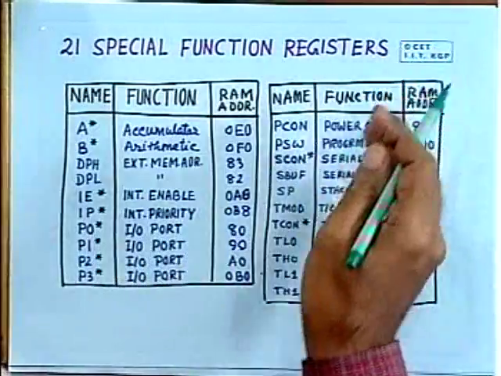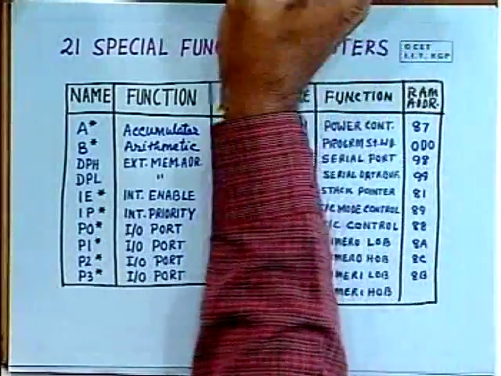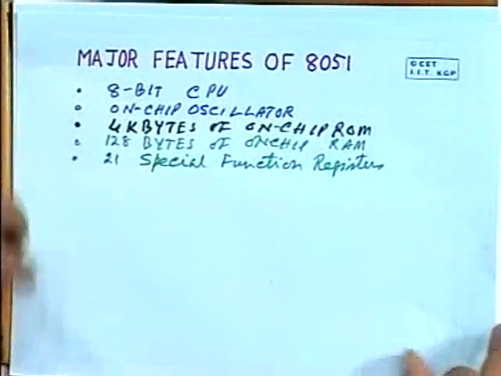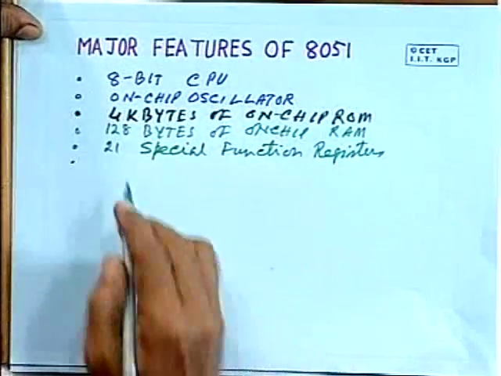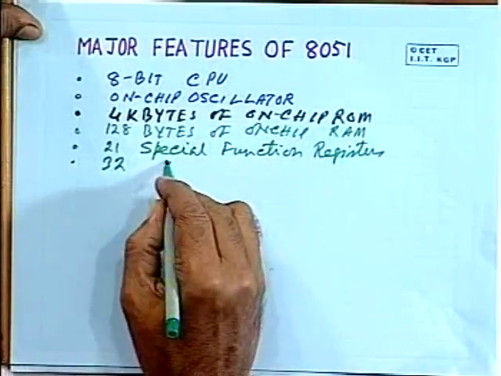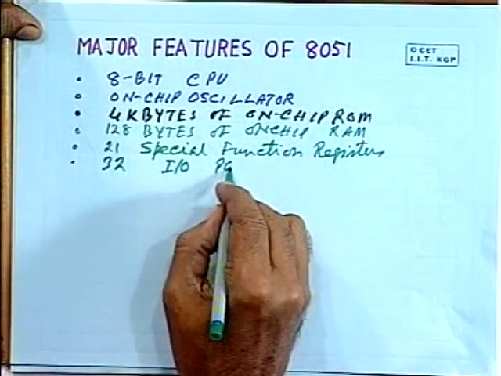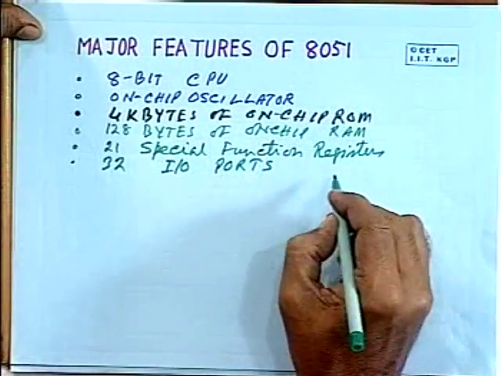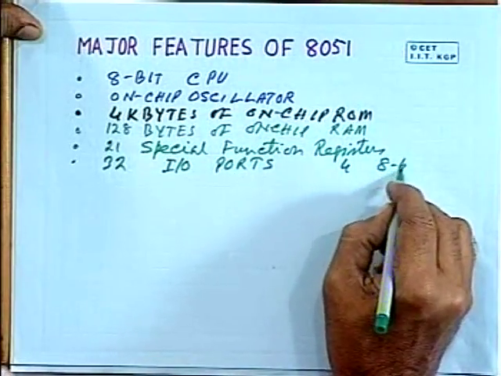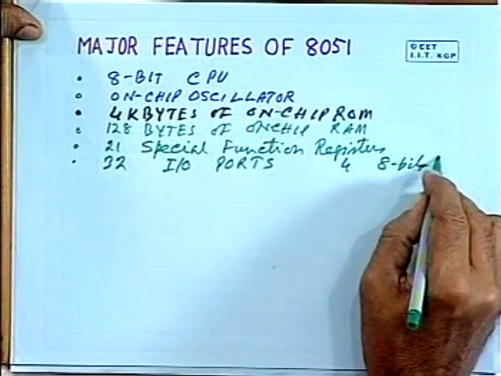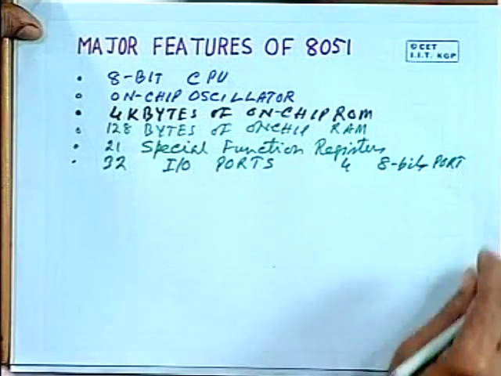Then, apart from these 21 registers, there are 32 IO lines, which are available as 4 8-bit ports, P0 to P3.